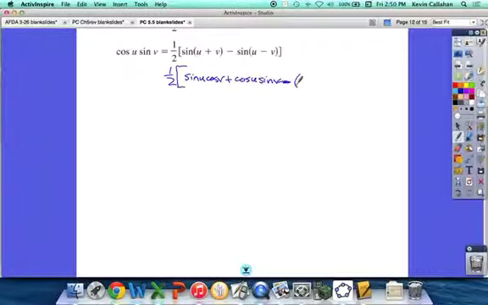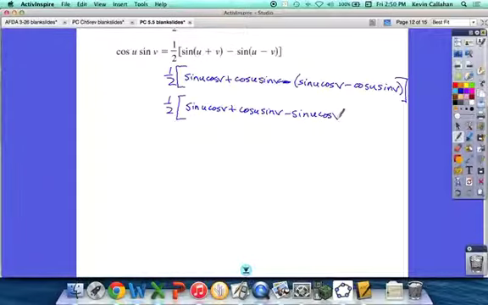That's a minus, parentheses, sine u cosine v minus cosine u sine v. Okay, that equals 1/2 of sine u cosine v plus cosine u sine v minus sine u cosine v.